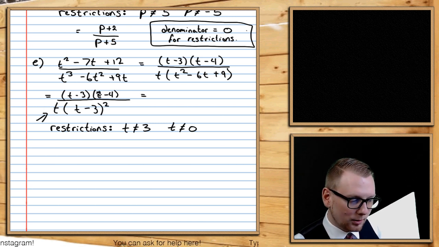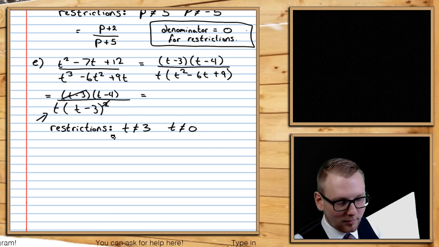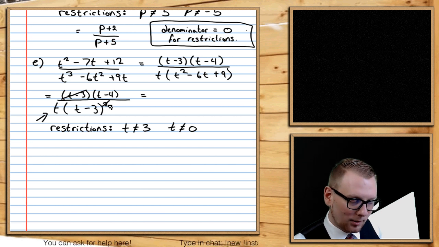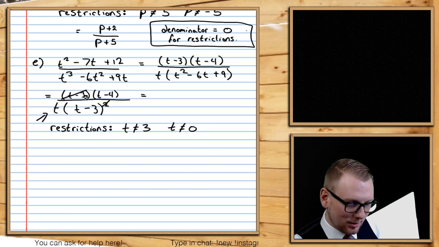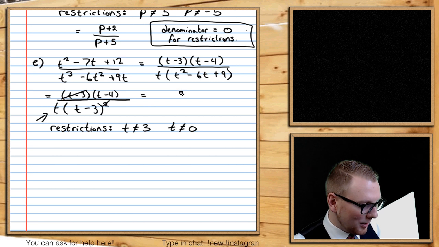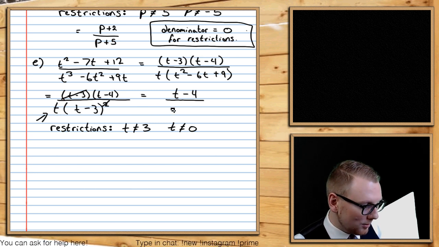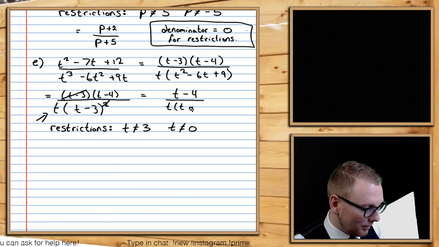You're a little messed up here. So we're going to cross out the t minus 3 and one of them on the bottom. So now what are we left with? Okay. I'm going to write out what it's going to be while you're away there. We've got the t minus 4 on the top. And then since we still have a t and a t minus 3, we still have those on the bottom.